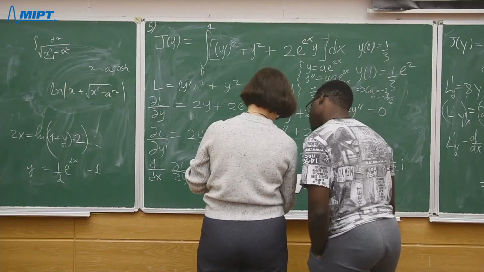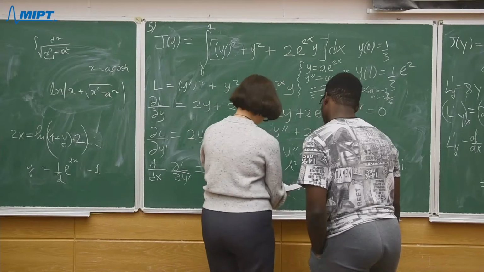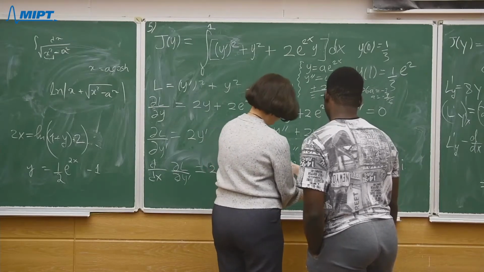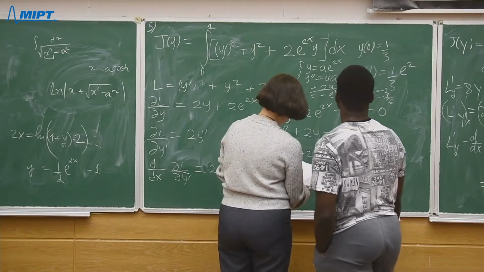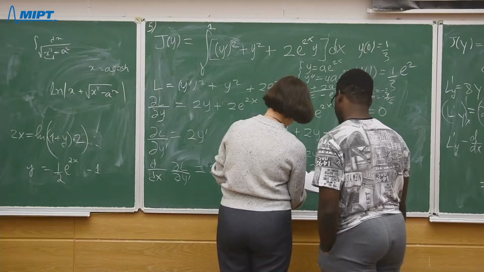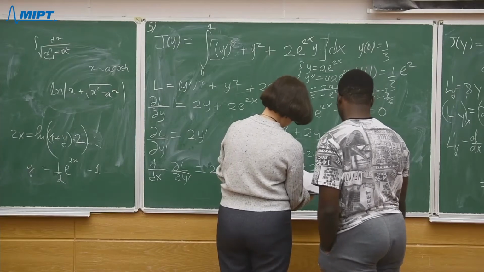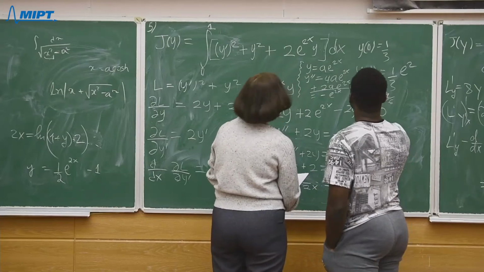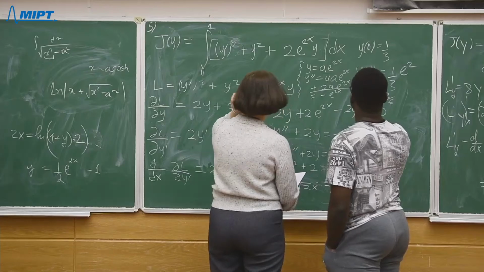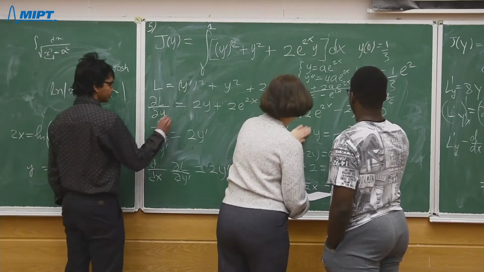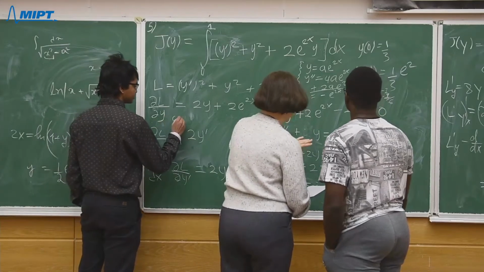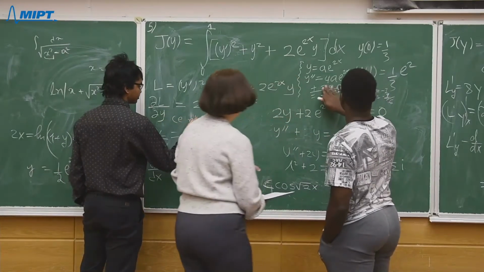So I think it's e1, but -1/6 e to 2x is not correct, I think. So it must be something like this, 1/3 plus 1/3, not -1/6. Just check. But if you divide by 2, there will be no 2 here. Divide by 2. Sorry.